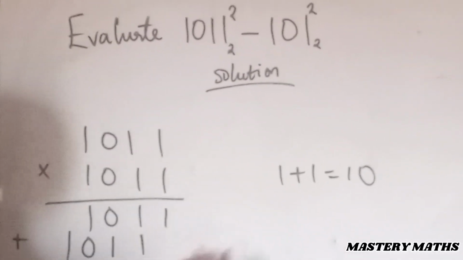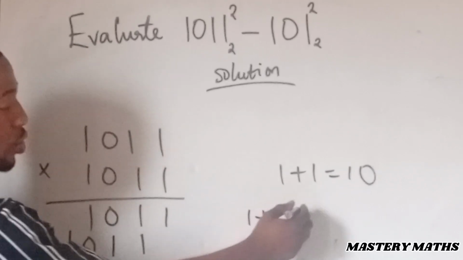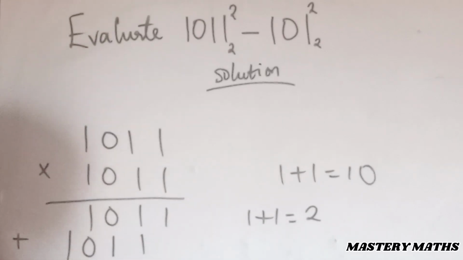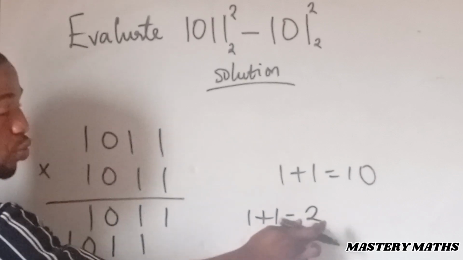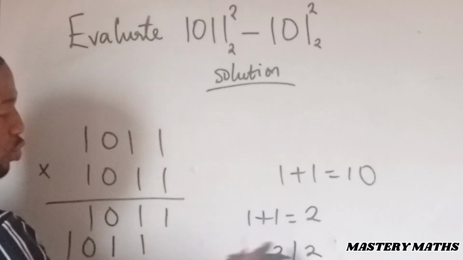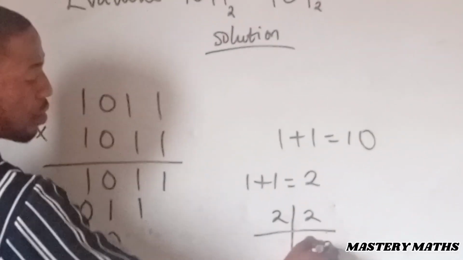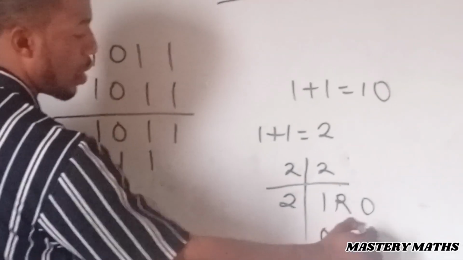How? First of all, your normal 1 plus 1, your normal addition, is 2. Now, because we are treating binary, we divide this 2 by the base we're using. So we say 2 into 2 is 1, remainder 0. 2 into 1 is 0, remainder 1.